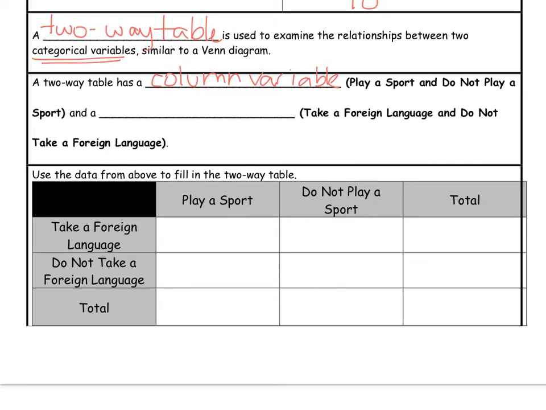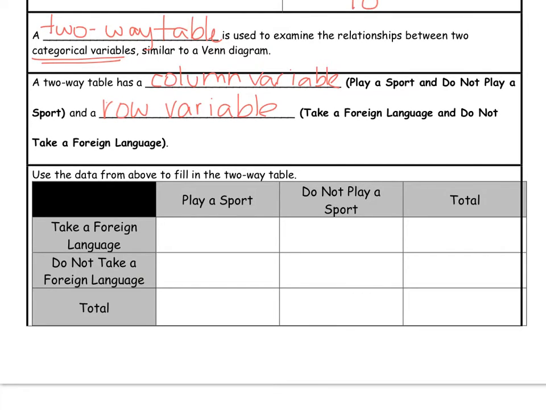And then we have our row variable, which is just like it sounds like. Our row variable is right here. Those are the students that take a foreign language and the students that do not take a foreign language. So we're going to use the data from above in the Venn diagram and in questions 1 through 5 to fill in the two-way table below.